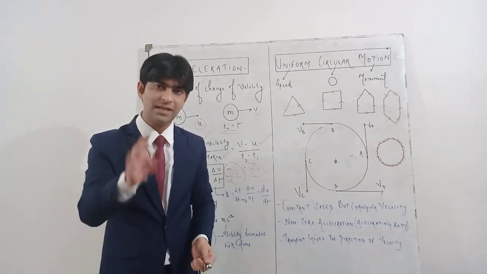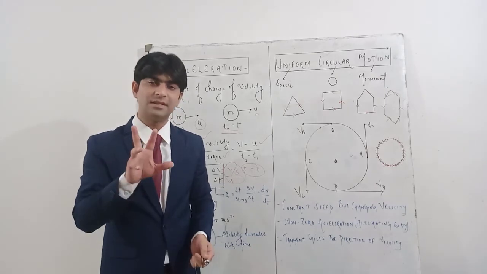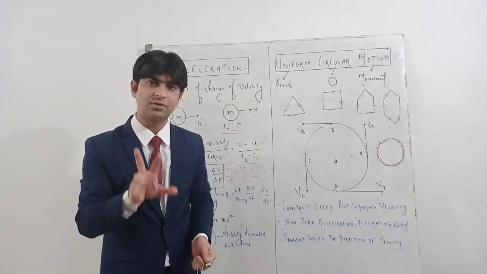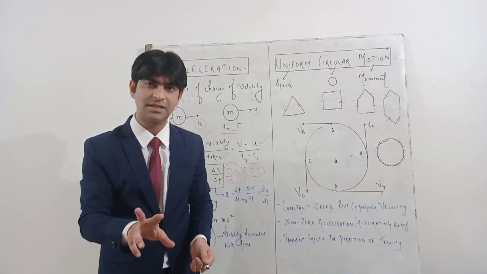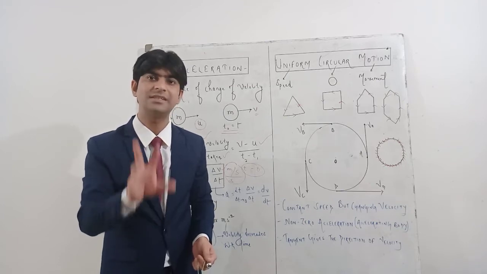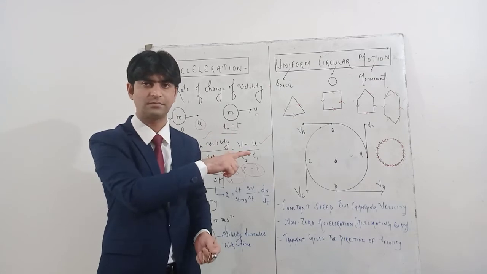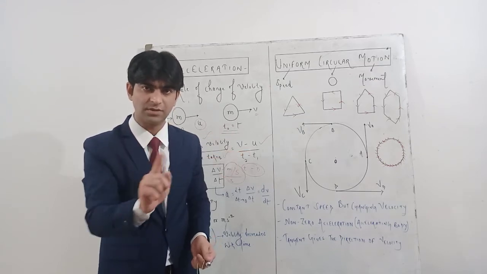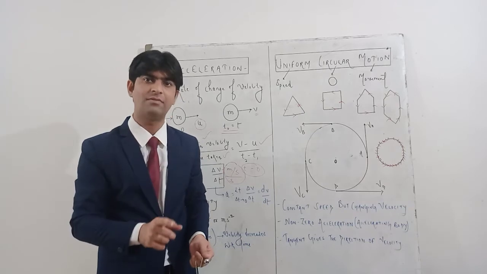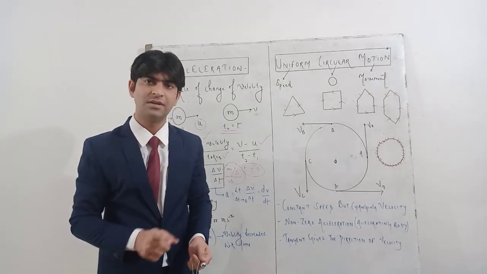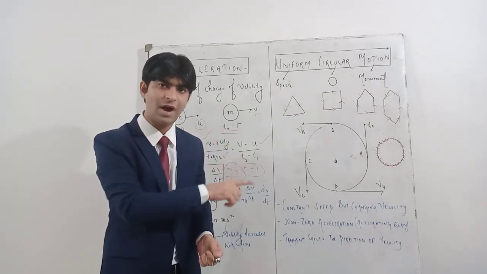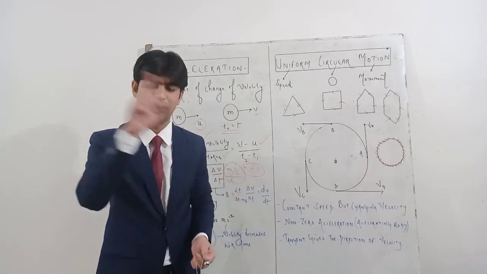Many times this question comes: is it possible that the body moves with a constant speed but has a non-zero acceleration? Yes, it is possible, in uniform circular motion. If a body moves with a constant speed, still it will have certain acceleration in uniform circular motion. Why? Because the velocity is changing.